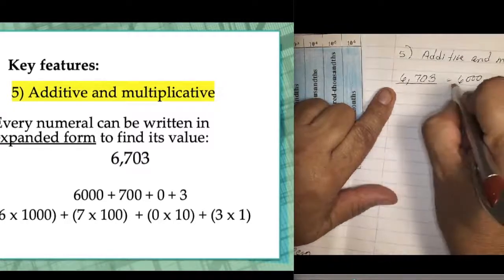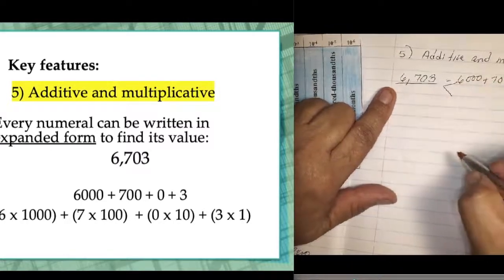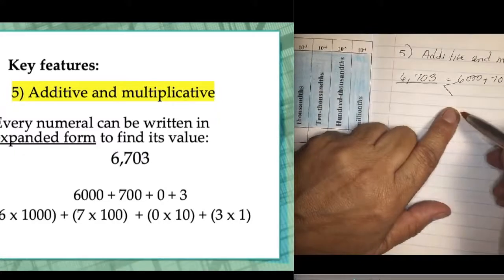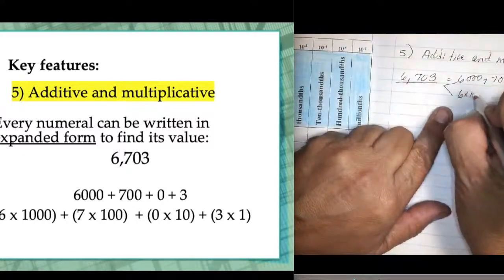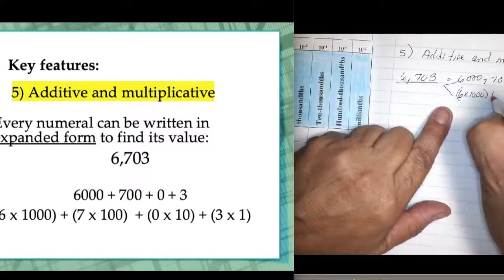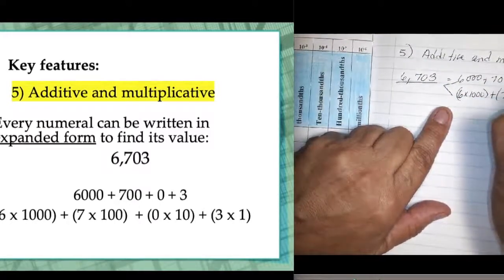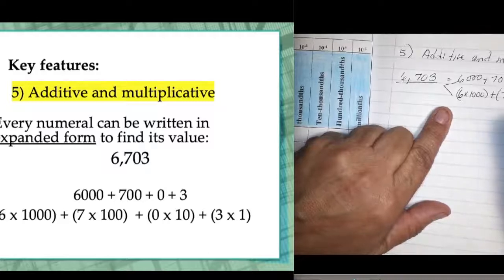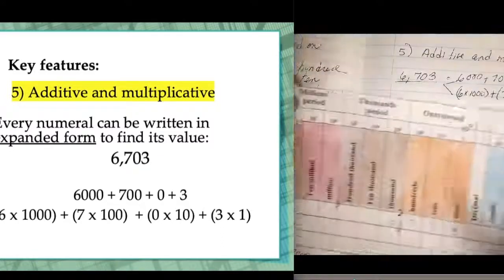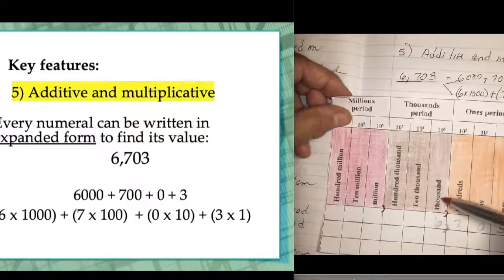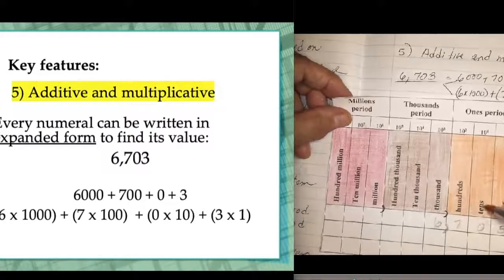Let's continue to the second form of expanded form, in which we say, okay, here I have 6,000s. I have 700s. We have no tens. And we have 3 ones. So I have 6,000s, 700s, 0 tens, and 3 ones.